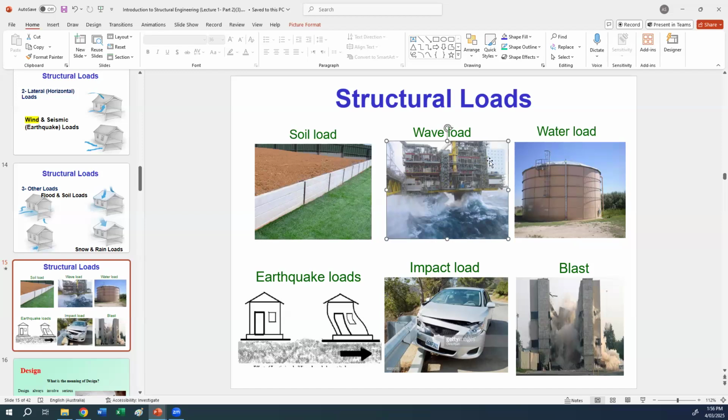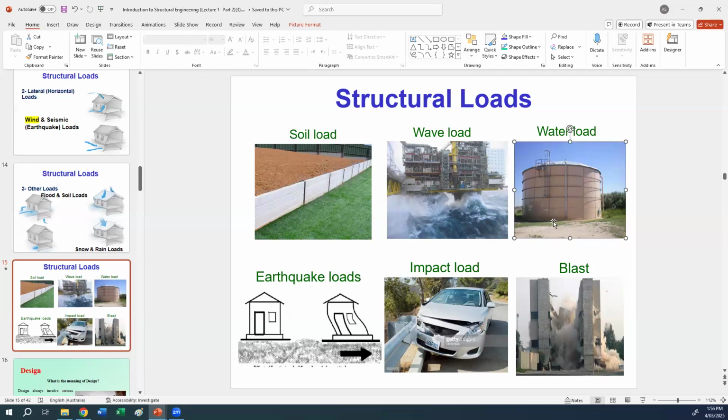Here, for example, are offshore structures, such as mining and oil structures. These structures are mainly constructed in deep water away from the shore, so they will be subjected to wave load from the sea water or ocean.